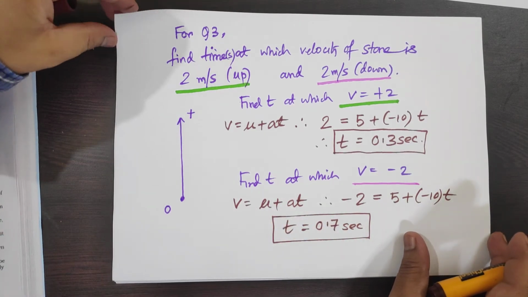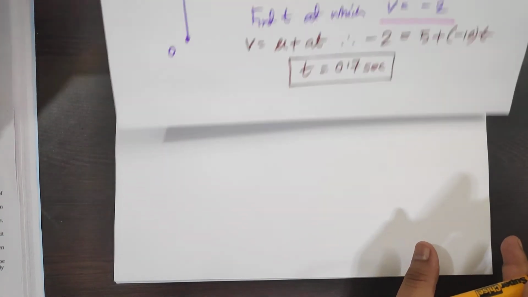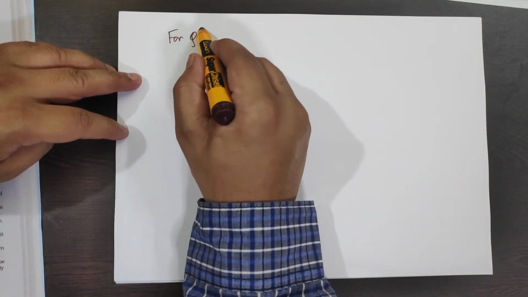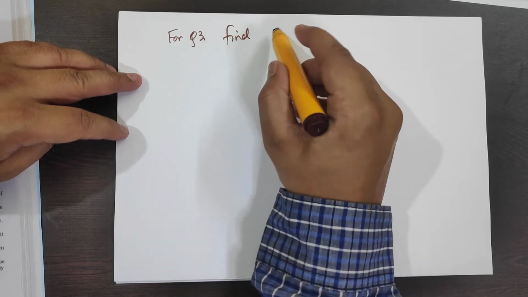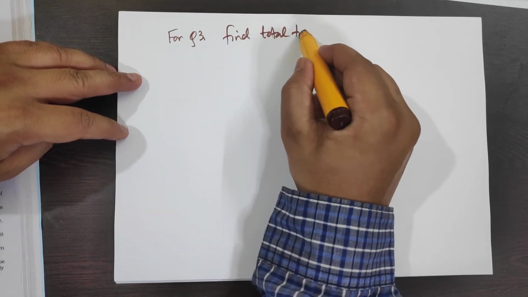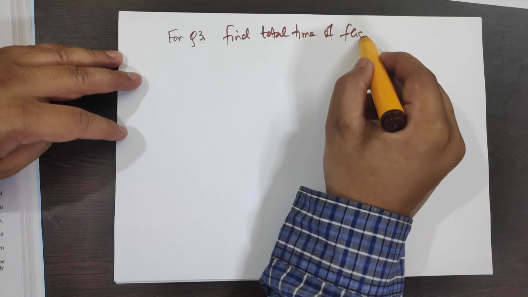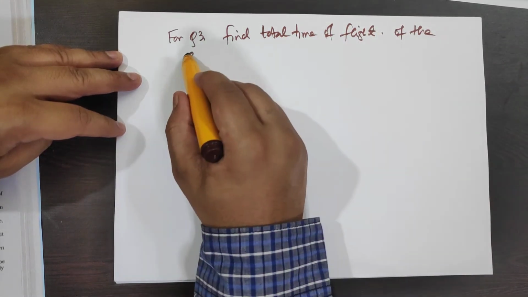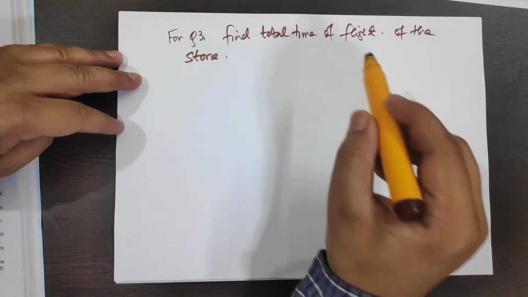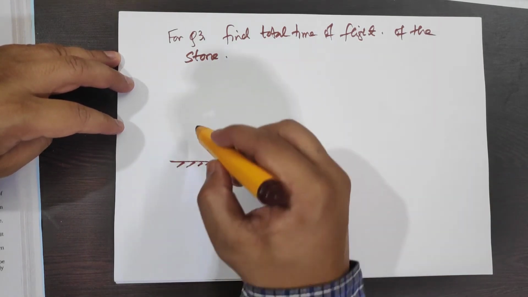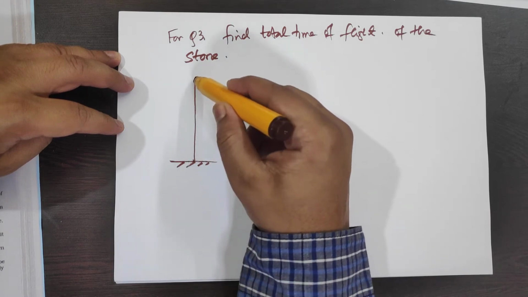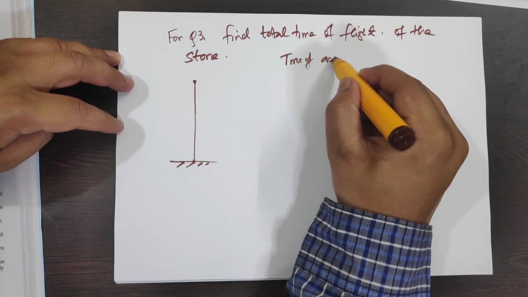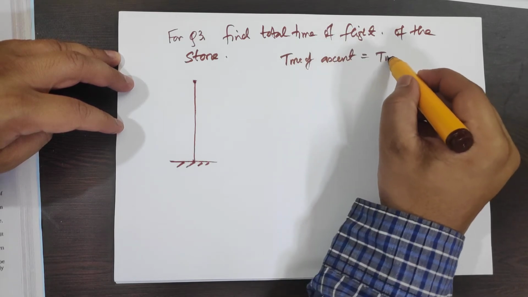Okay. If I add one more to the last question, so for question number 3, find total time of flight of the stone. Here you can intuitively say that time of ascent equal to time of descent.